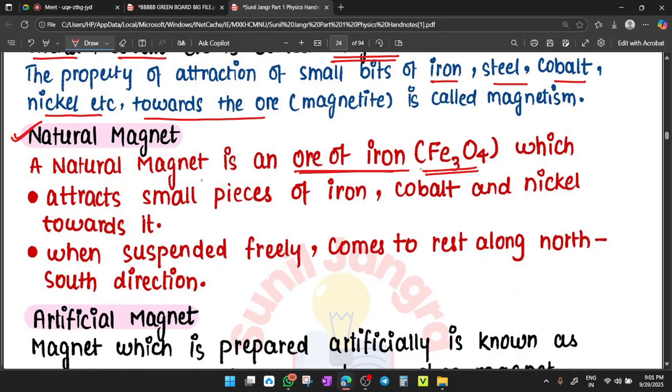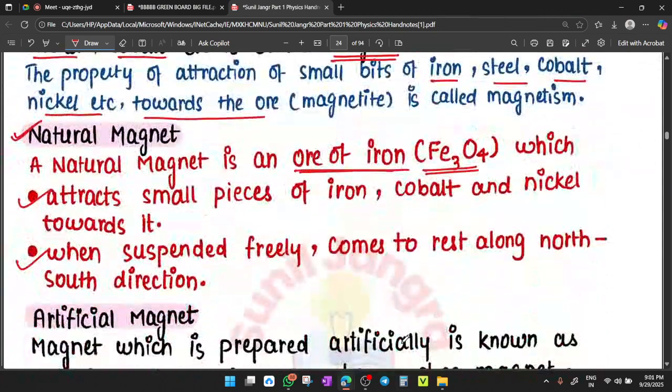It is an oxide compound of iron which attracts small pieces of iron, cobalt, and nickel towards it. When suspended freely, it comes to rest along the north-south direction. Is it clear? Every line is clear to you now?